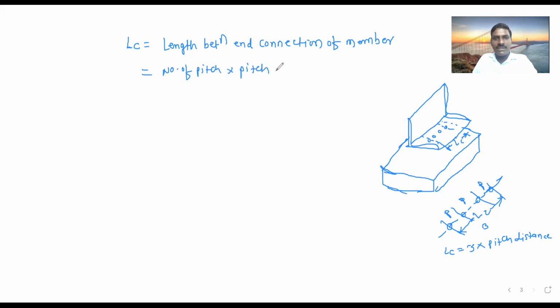Is this correct? Are you getting? Whatever formula I have written for the calculation of LC, number of pitches into pitch distance. Is this correct?